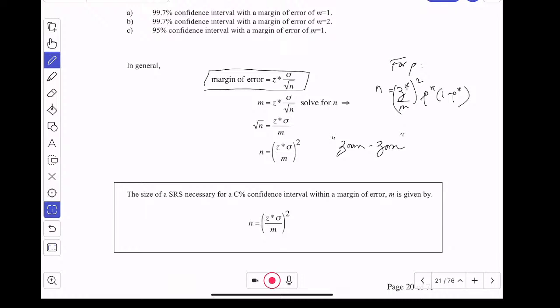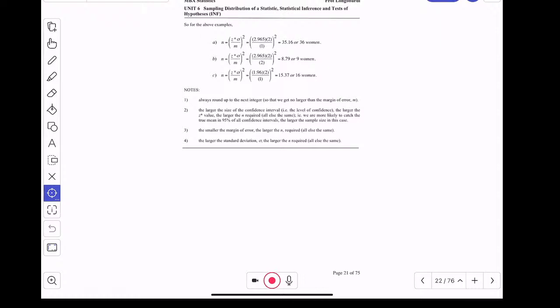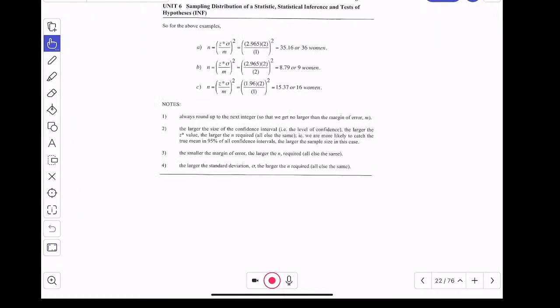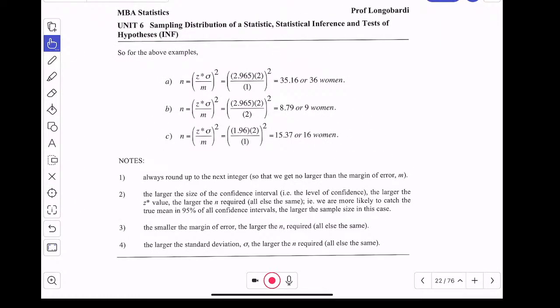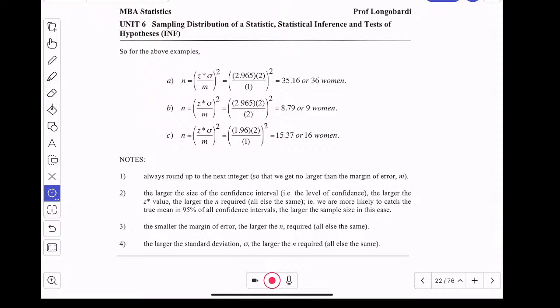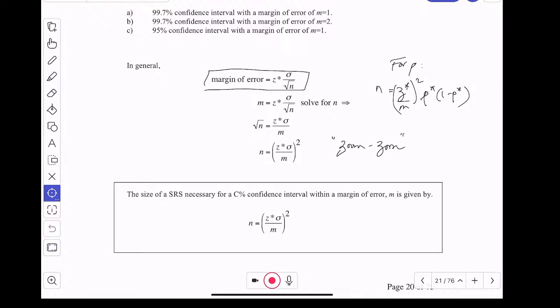So let's use this formula now and answer these questions. I've done that on the next page, and here we have it. So let me copy over the questions.